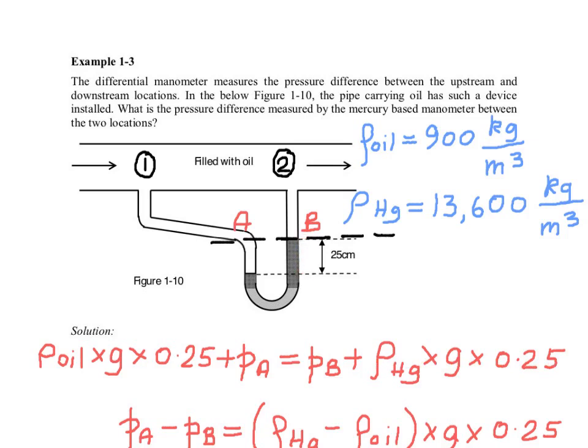But this is the height of mercury. So if you notice on either side of the equation, on the right you have mercury, on the left you have oil.